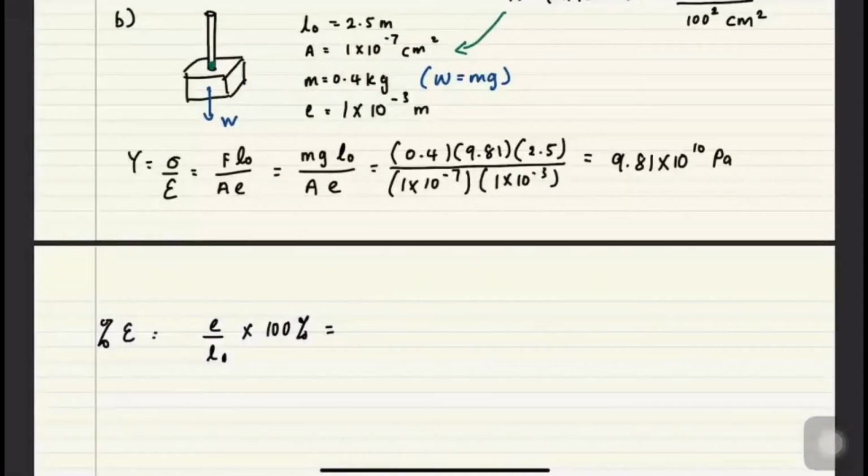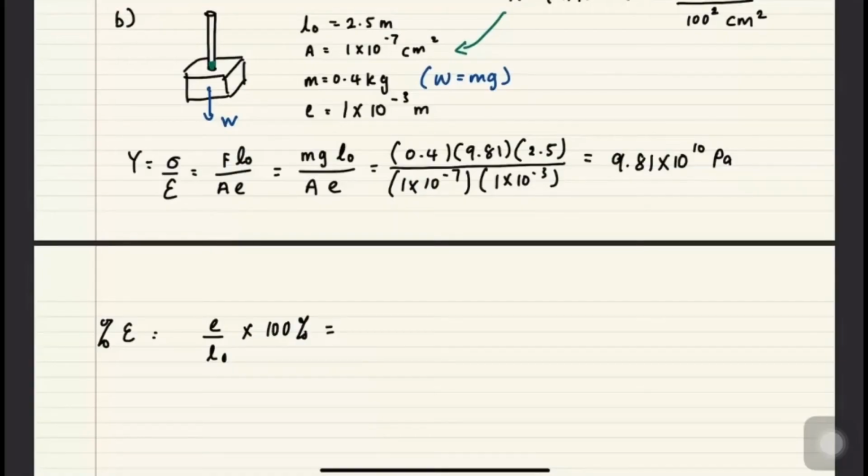Okay, if epsilon only, then what my friend said is correct, very good. So if epsilon only, it is basically extension divided by initial length, or L minus L naught over L naught. Okay, but now it says percentage strain, it rarely asks, I think never. So just multiply with 100%, that's all.